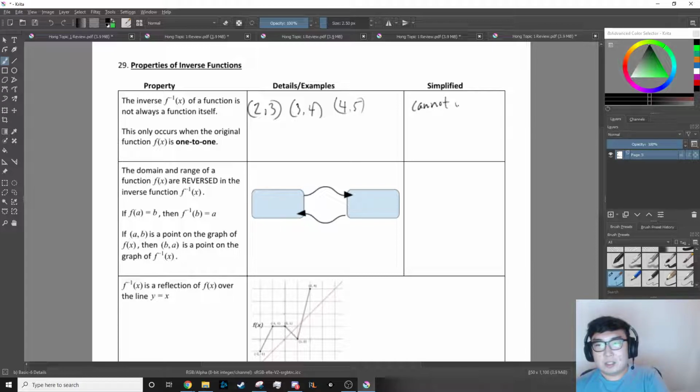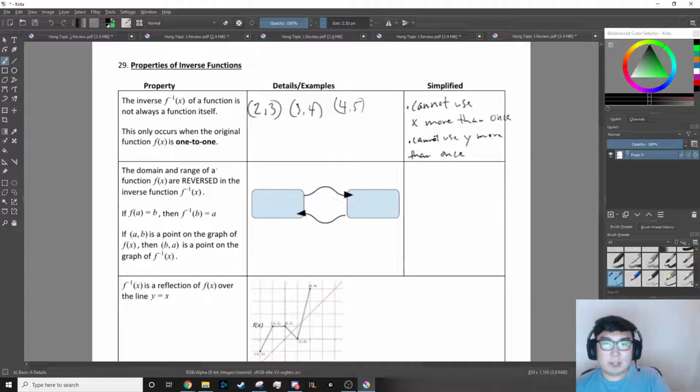You cannot use x more than once, and you cannot use y more than once.